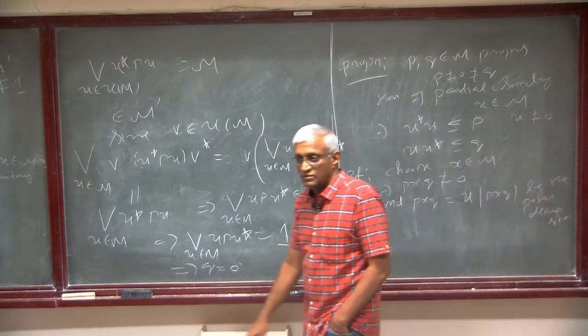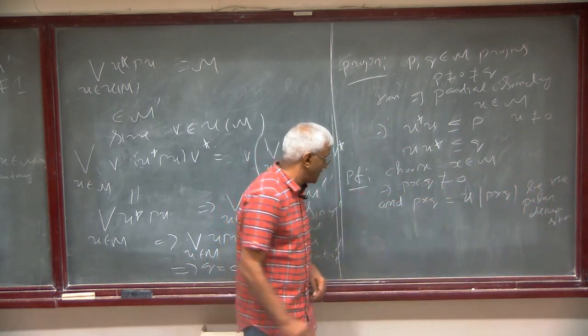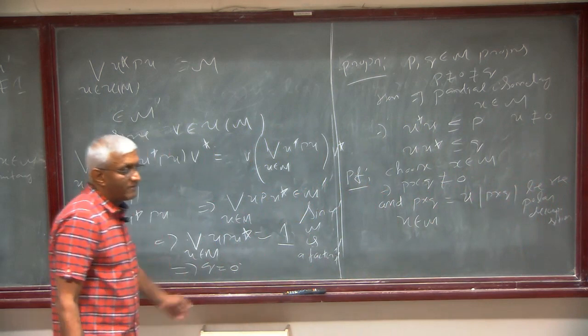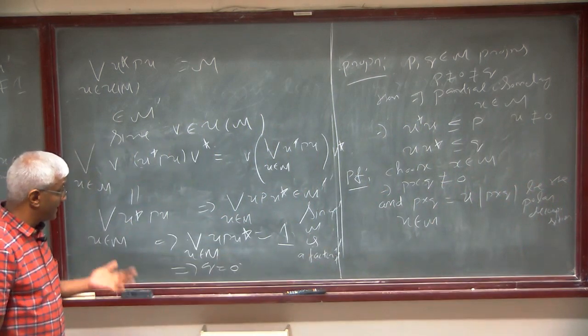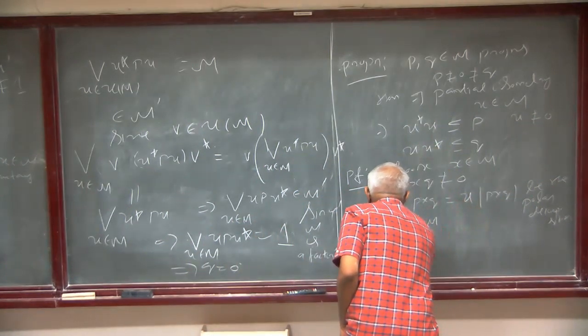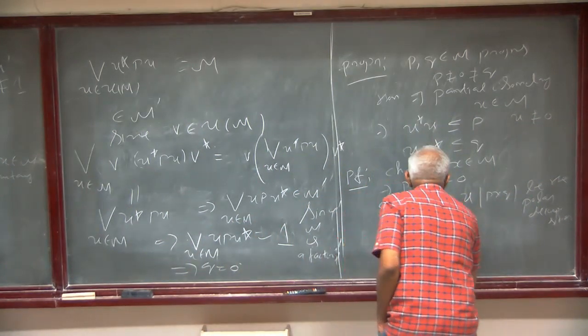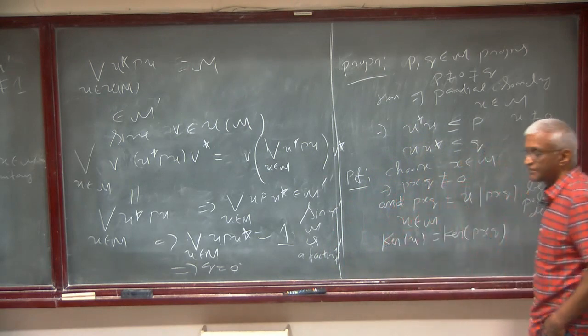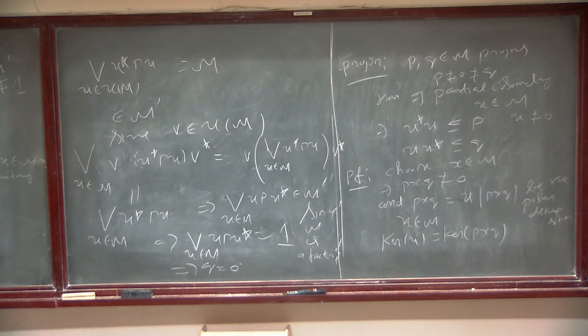This U will do, and then U is in M, of course. We want to show that this U satisfies that property, and that is just clear. We know because it's a polar decomposition, the kernel of U equals the kernel of PXQ.